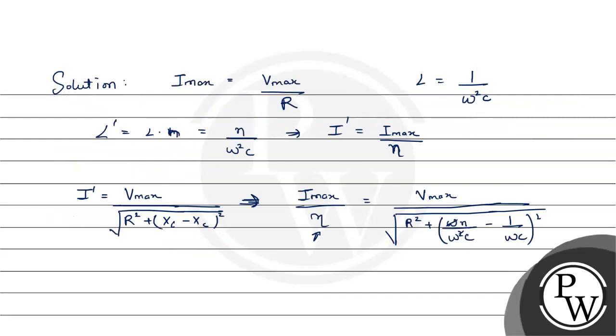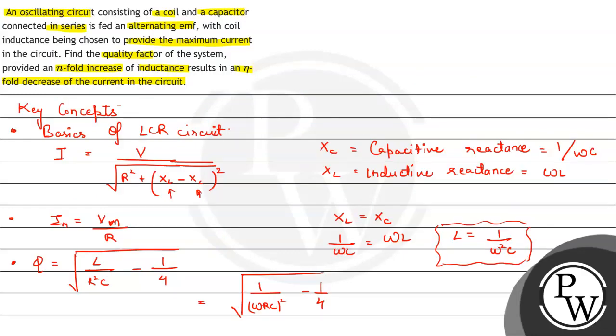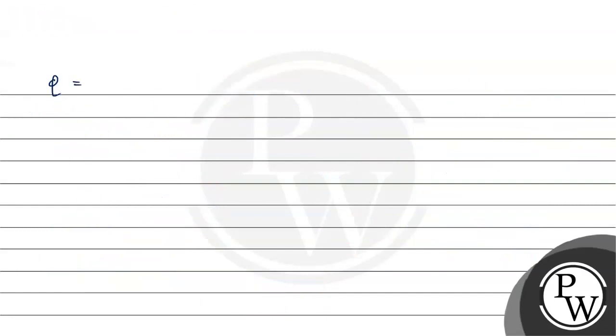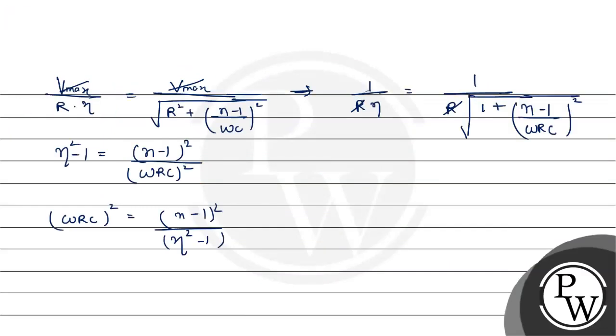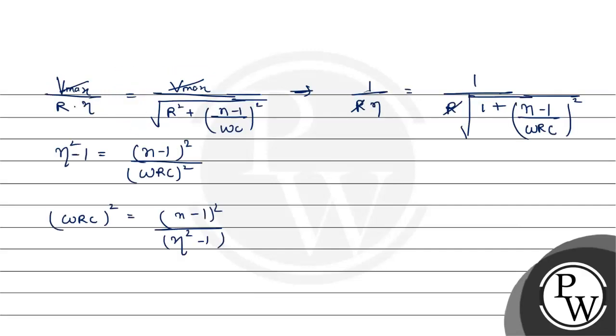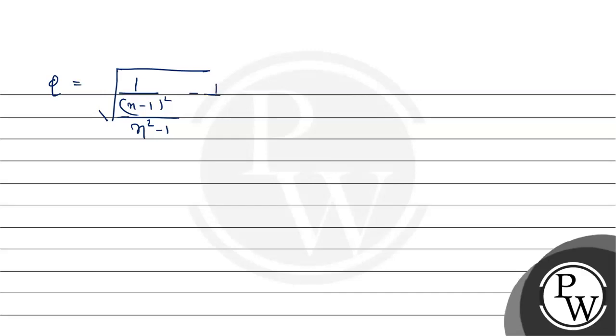Now let's find the value of Q, the quality factor being asked in the question. Its formula is known to us. So we write square root of (1 upon omega RC) whole square minus 1 by 4. We know it is (n minus 1) whole square upon eta square minus 1 minus 1 by 4.